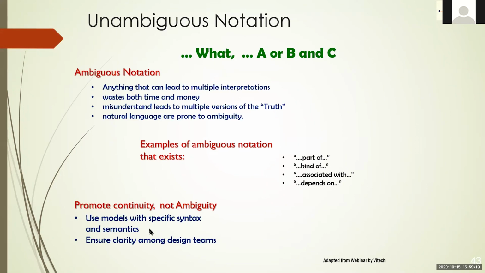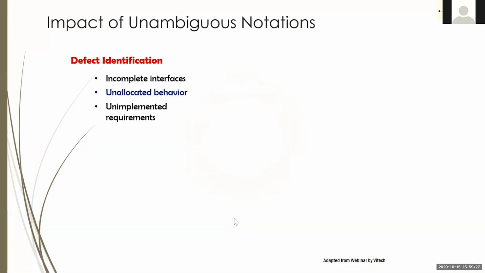And if we train the people to read those models, then that's how we fight or cope with ambiguity, okay? Now, what type of defects can we catch now if we use models?